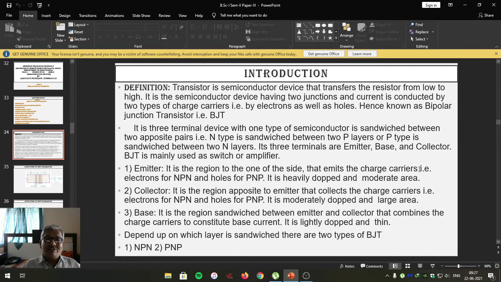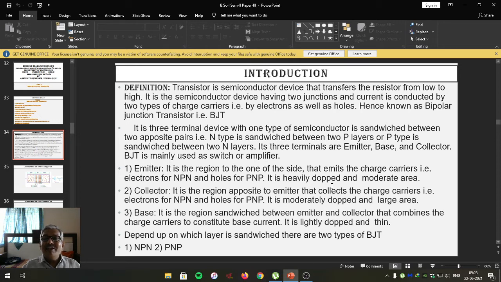That's why the name emitter. ज्याच्यातून चार्ज कॅरियर्स बाहेर पडतील, that terminal we call the emitter. For example, if the transistor is NPN, it emits electrons. If the transistor is a PNP, it emits holes.